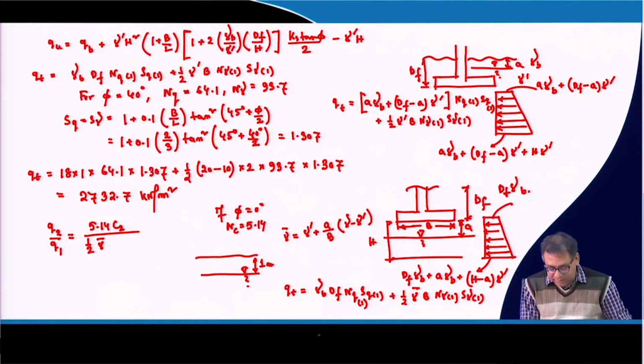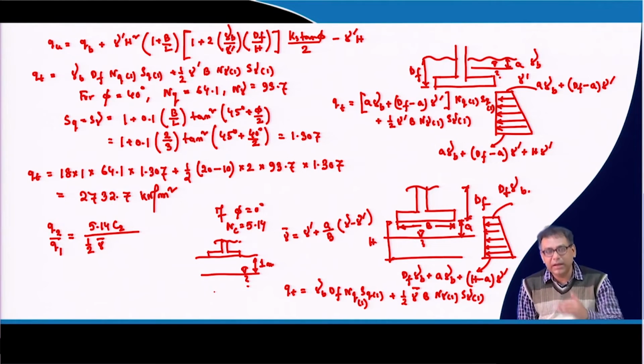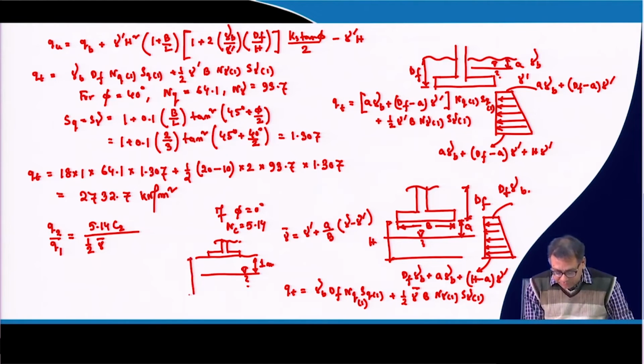But for the top layer, suppose we are placing this foundation at the surface, then the water table will affect up to a depth of B from the base of the foundation. Here the base of the foundation and the surface are the same, because it is a surface footing. So now this is equal to B, and this is equal to say a.